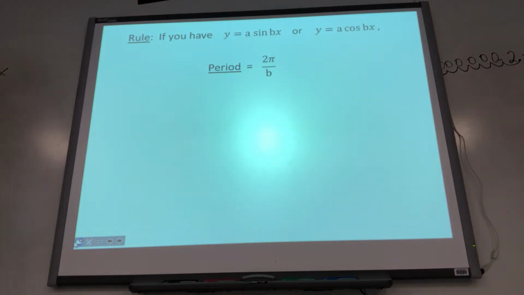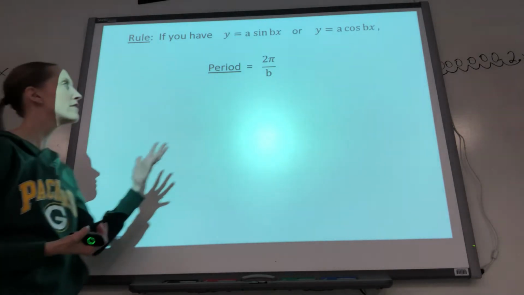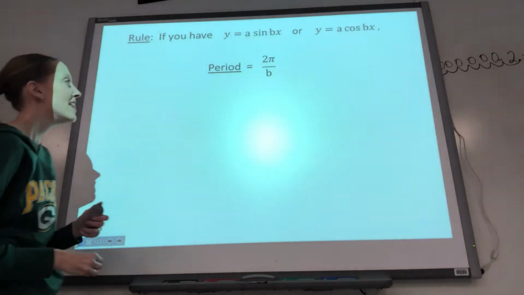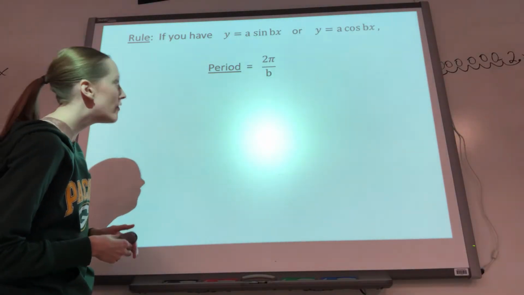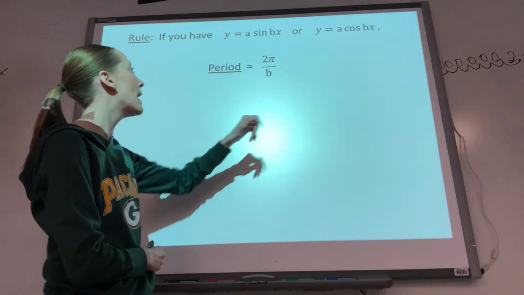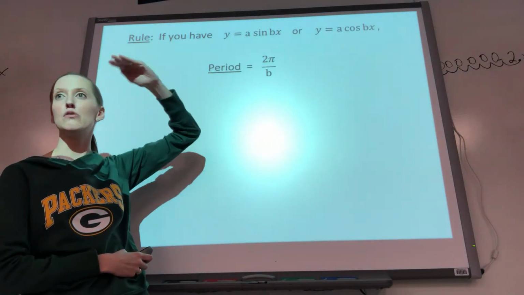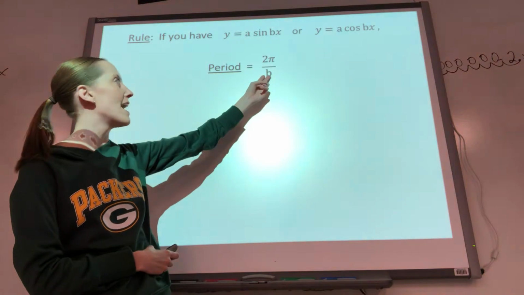To actually find the period without graphing first, you can find the period right off the bat by taking 2 pi divided by b. That formula is very important. 2 pi divided by b. b is the number in front of x. So 2 pi divided by that number.